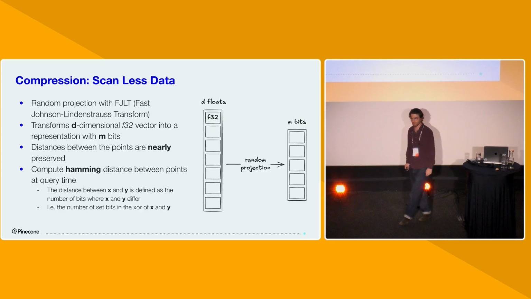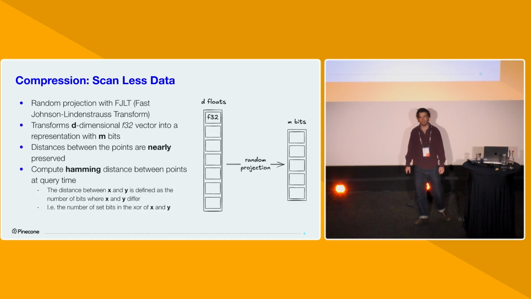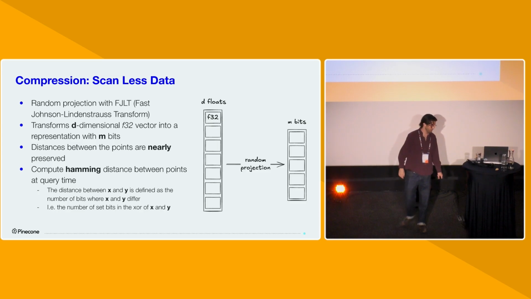There's a technique called FJLT, the Fast Johnson-Lindenstrauss transform, I don't know how to pronounce that. And this takes d-dimensional vectors down to m bits. Essentially, the way we do this, and I'm not going to get into the details, is you take a plane and bisect the geometry and set a bit, either a 1 or a 0, based on a random projection.